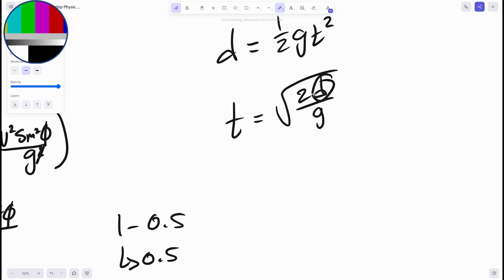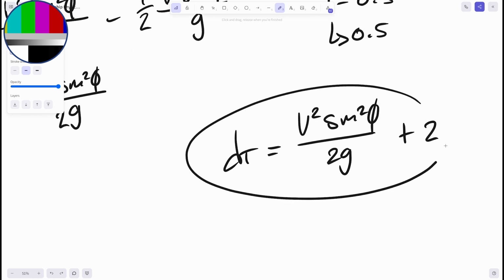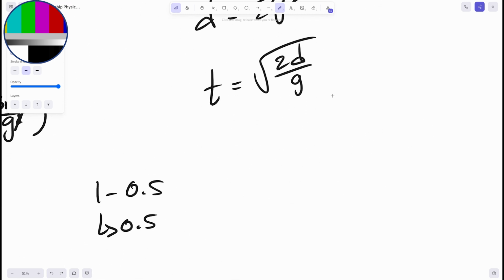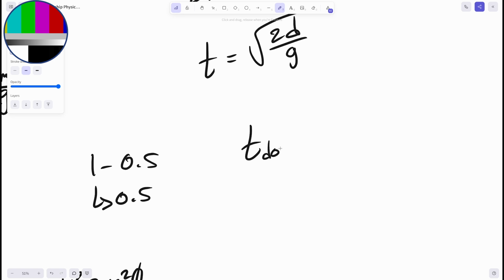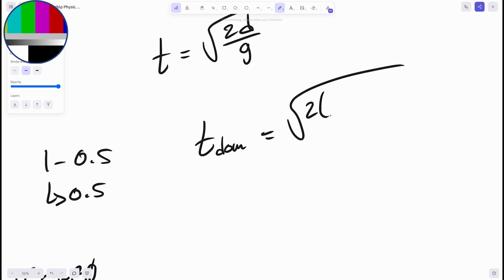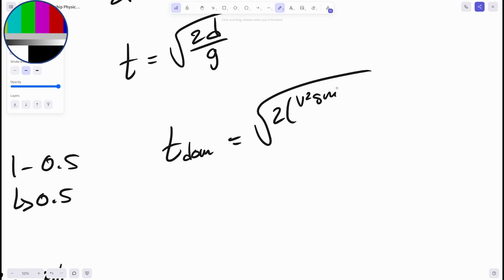Now this distance here is our d total, which we just found, so we can make that substitution. So our t down is equal to the square root of 2 times v squared sine squared phi over 2g plus 2 all over our g.